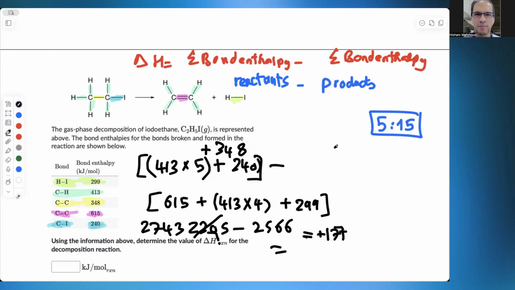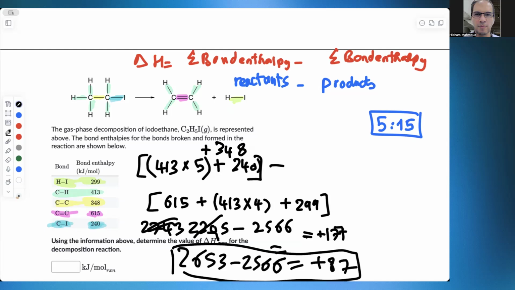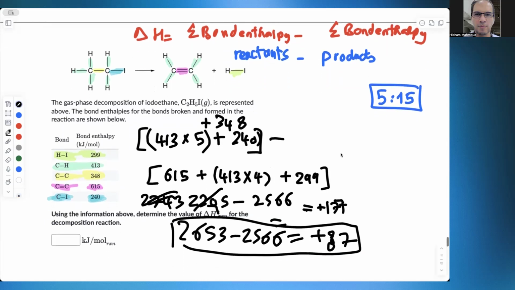This is 2653, 2653 minus 2566. So 87, plus 87. Okay, how difficult it is? Very difficult in making the math correctly. Have to be very careful. I get it from the third time only. Plus 87. So the addition of all the reactants give me 2653 and all the products 2566 is positive 87. Very tricky numbers. Just have to be very careful about them.